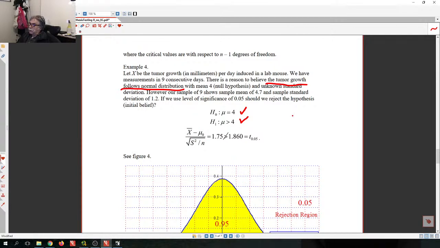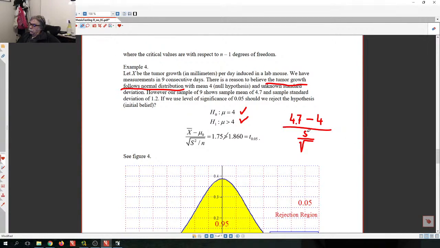On the top we have 4.7, the mean of the sample, minus the mean in the null hypothesis, 4, presumed to be true, the mean of the population, divided by S divided by radical n. We already know what S is.